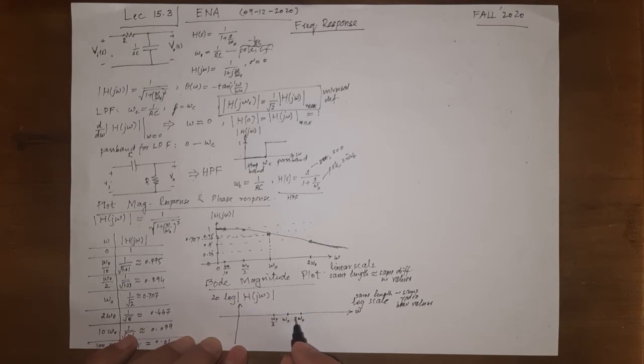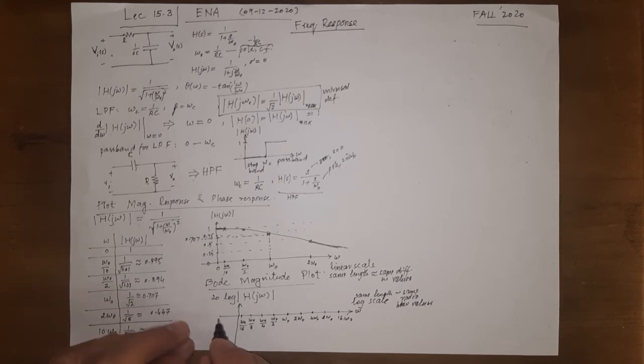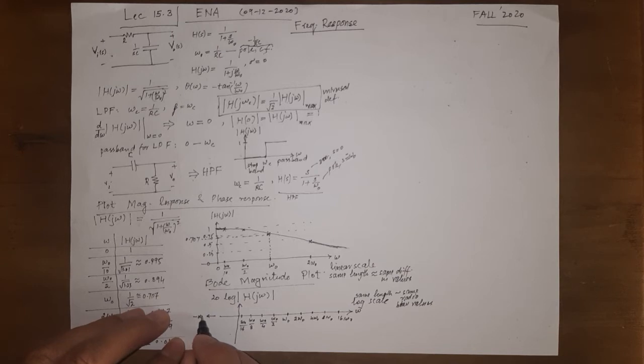So this would be 2 omega naught, and the same length here would represent 4 omega naught, and so on. So 8 omega naught and 16 omega naught, and here it would be omega naught by 4, omega naught by 8, omega naught by 16, and it will continue forever, and omega equal to 0 will be at minus infinity.